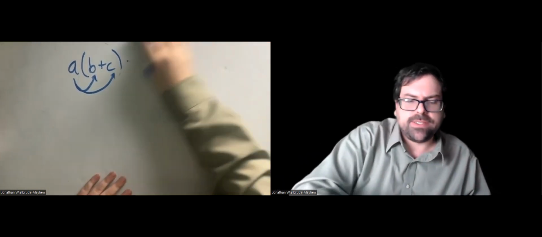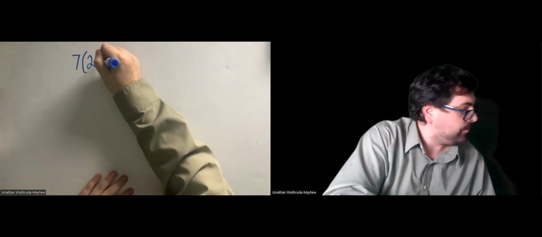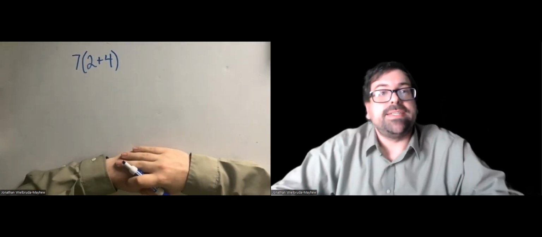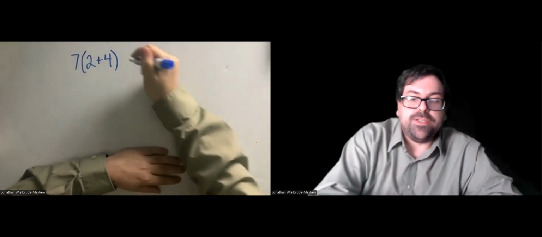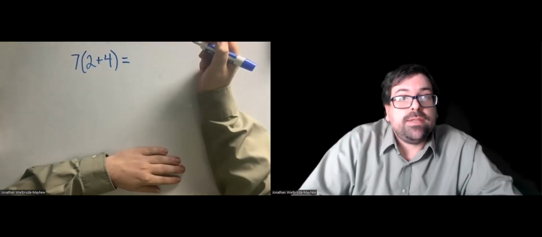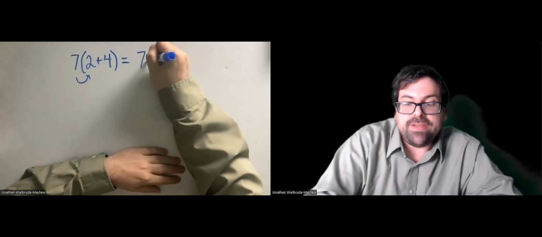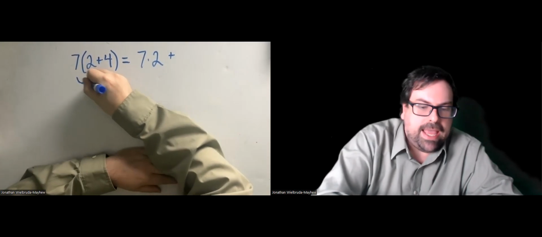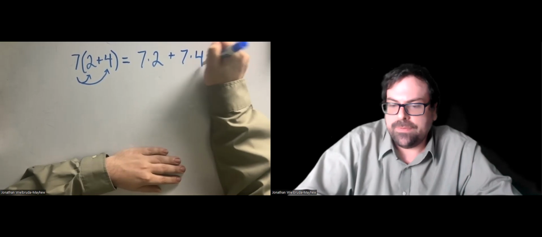How do we know this works? Well, take a look at 7 times 2 plus 4. The distributive property tells us that we can multiply 7 times 2 and add 7 times 4.